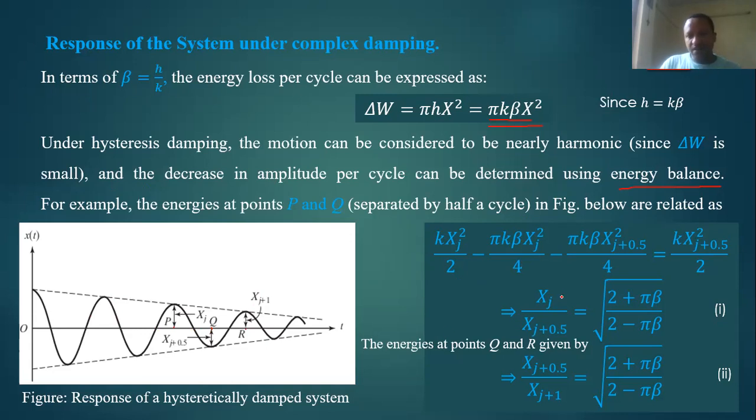That gives us xj over xj plus 0.5, which is equal to the radical of (2 plus pi beta) over (2 minus pi beta).